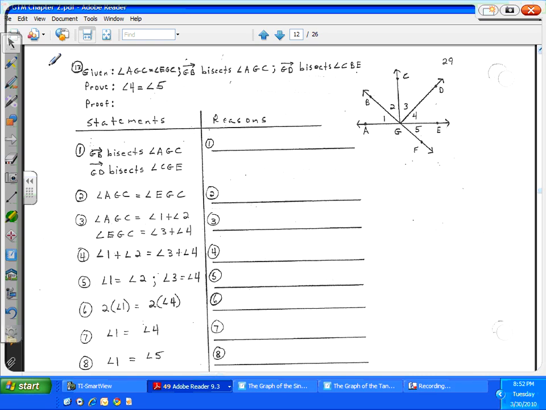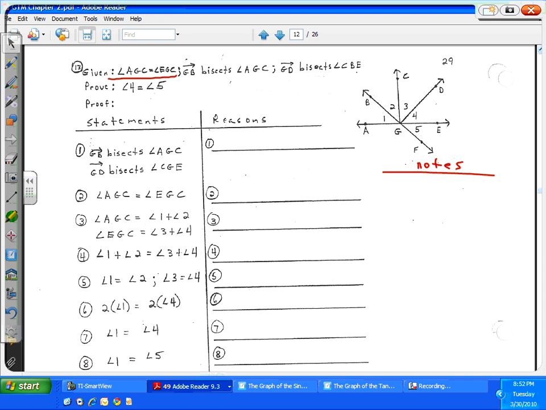Remember what we said to do is to write the given proof, put the statements on the left, reasons on the right, draw the diagram. And then, even if we're just giving reasons, we're going to take what we're given, mark it in the diagram, write statements and reasons derived from the markings in the notes section.